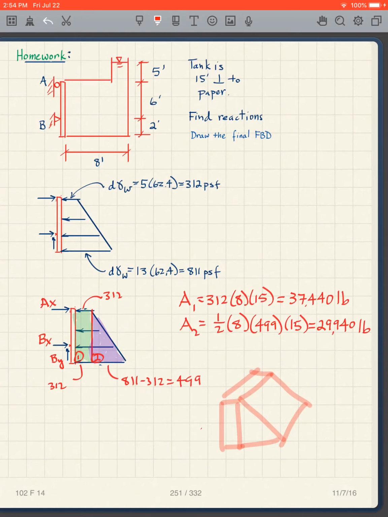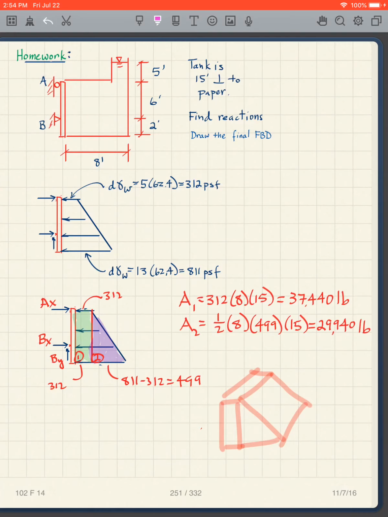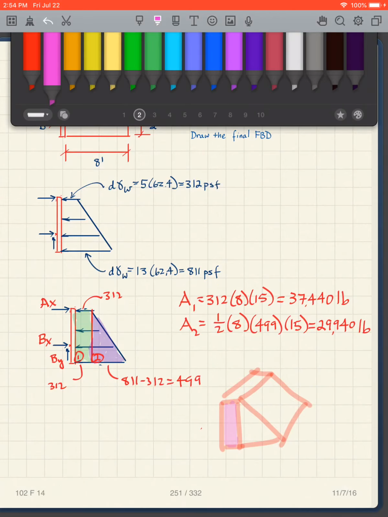What we need to do is find the area of both the triangle and the rectangle. So I've got one that's a rectangle and the other that's a triangle.